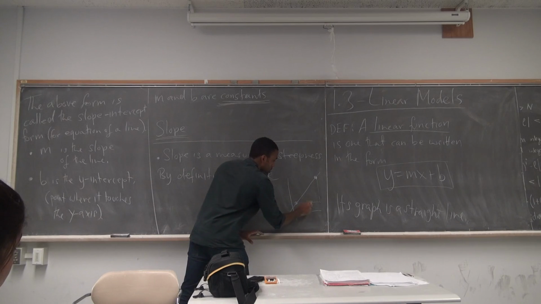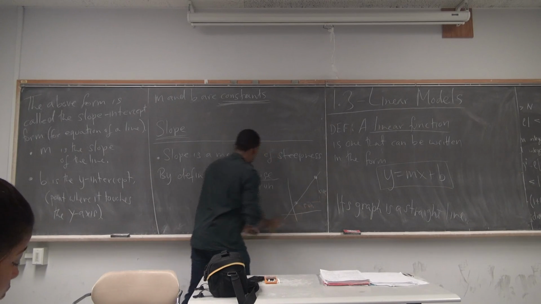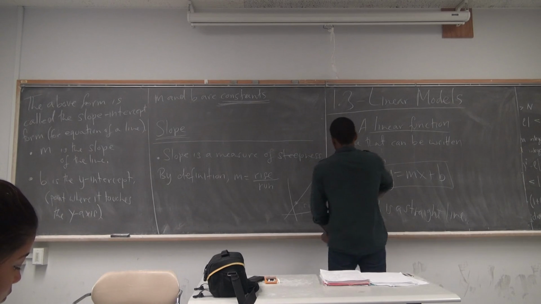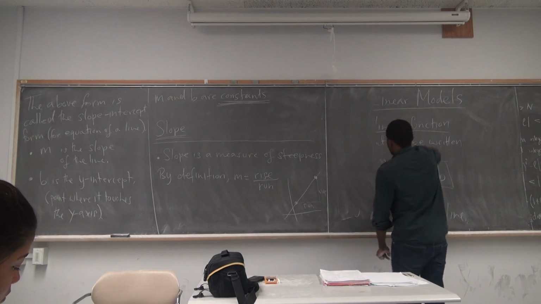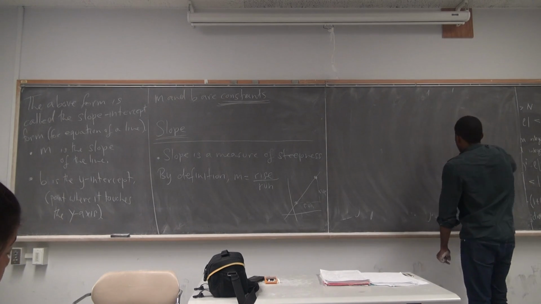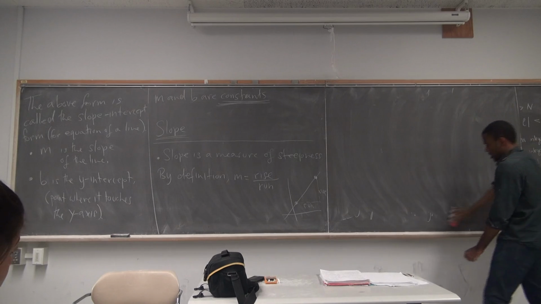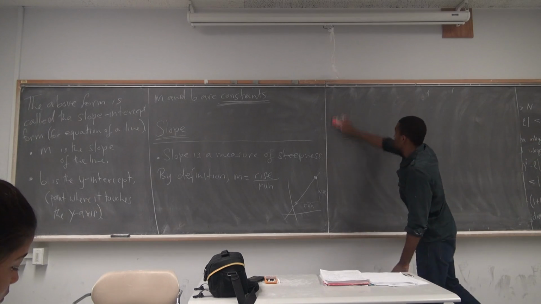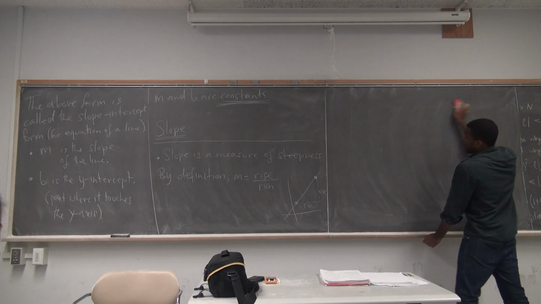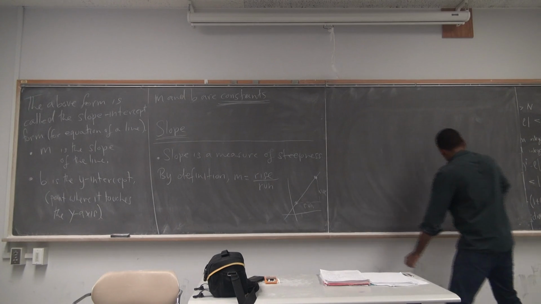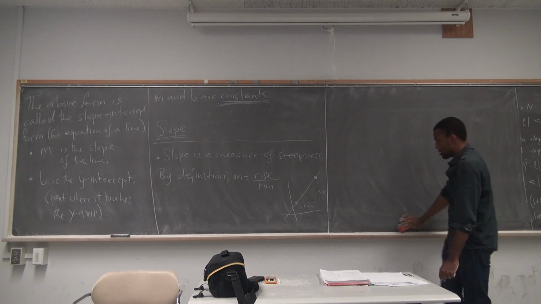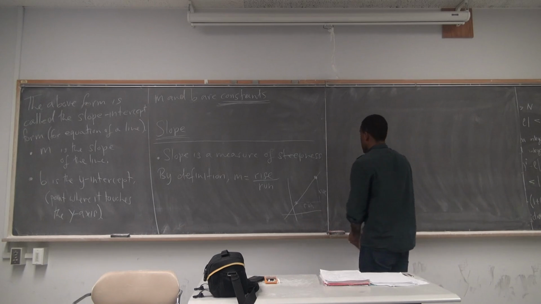This is called the run. This is called the rise. So it's a measure of how steep something is. So if something has positive slope, the bigger the number, the steeper the line.